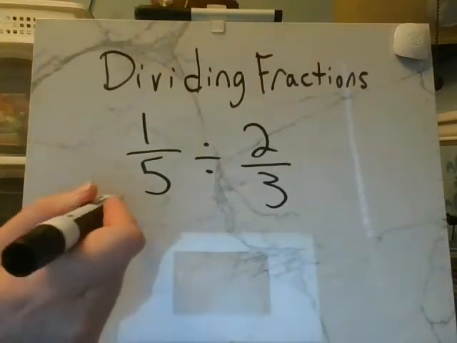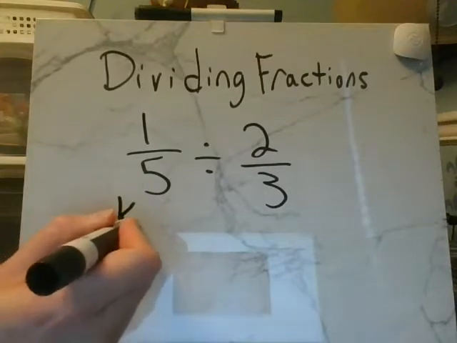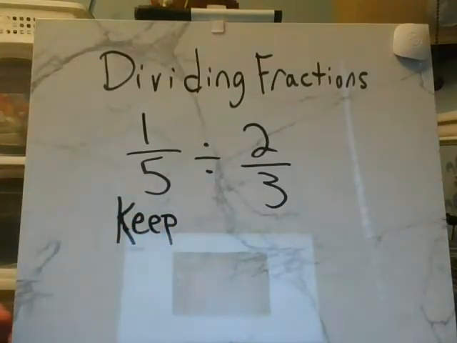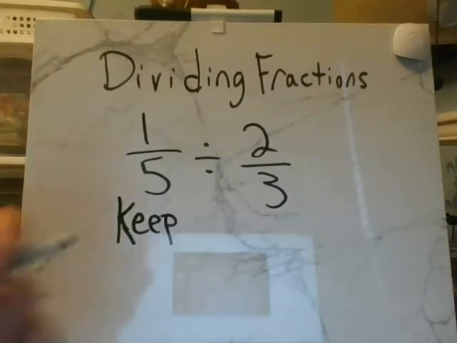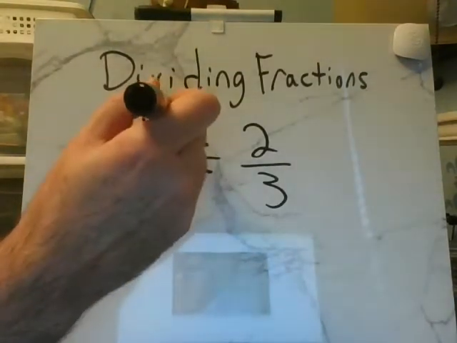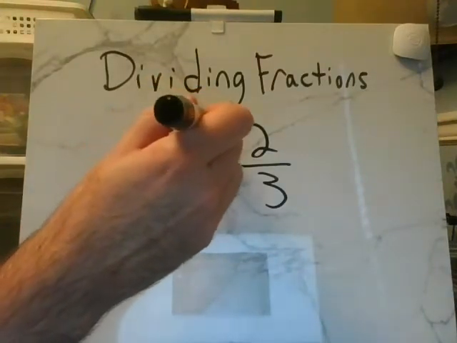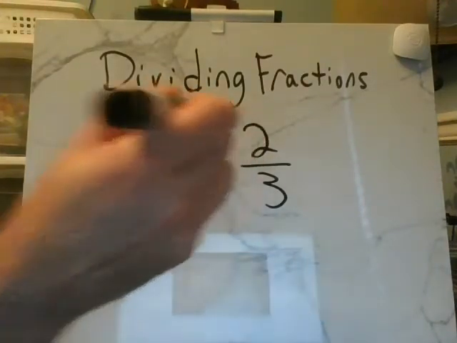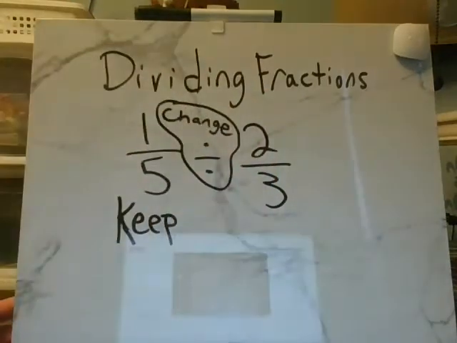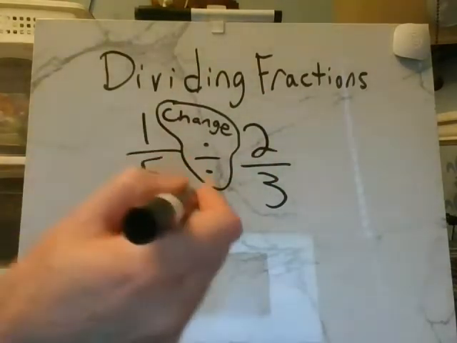In dividing fractions, we keep the first fraction that's the same. So we're not going to touch that at all. And then we're going to change the division sign to a multiplication sign.